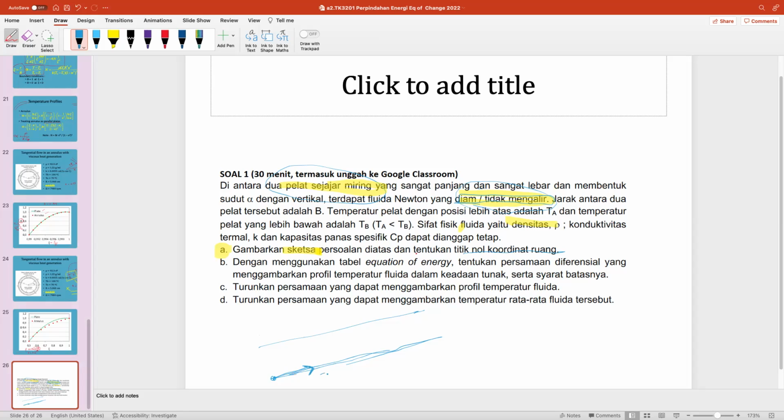Z. How about that one? R. Is it a radius? Is it cylindrical or Cartesian? Oh yeah, it's a plate, so X, Y, yeah, X. Okay, thank you, Christian.